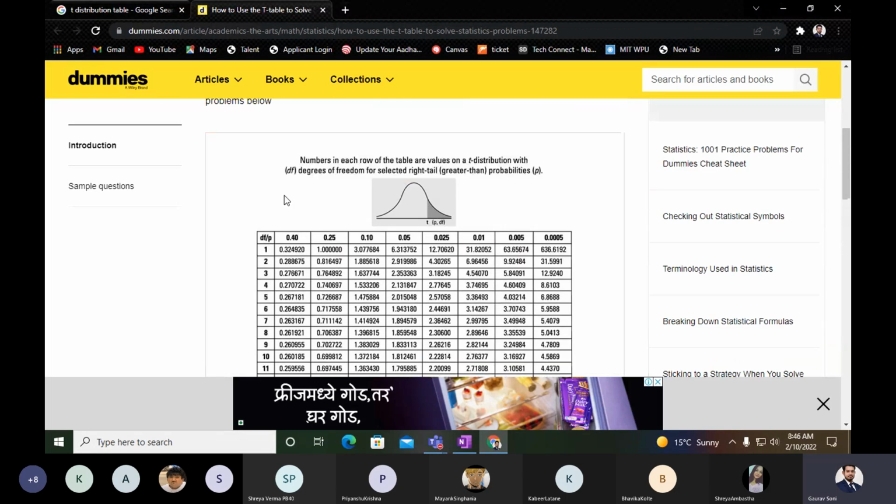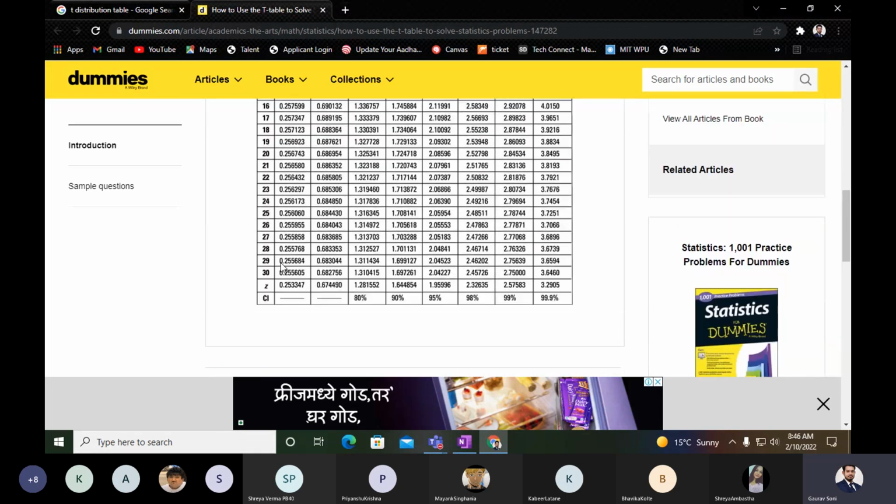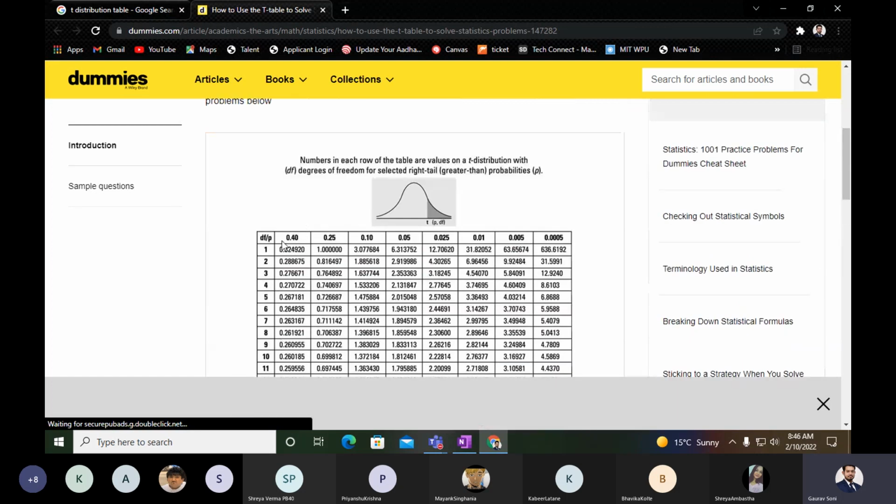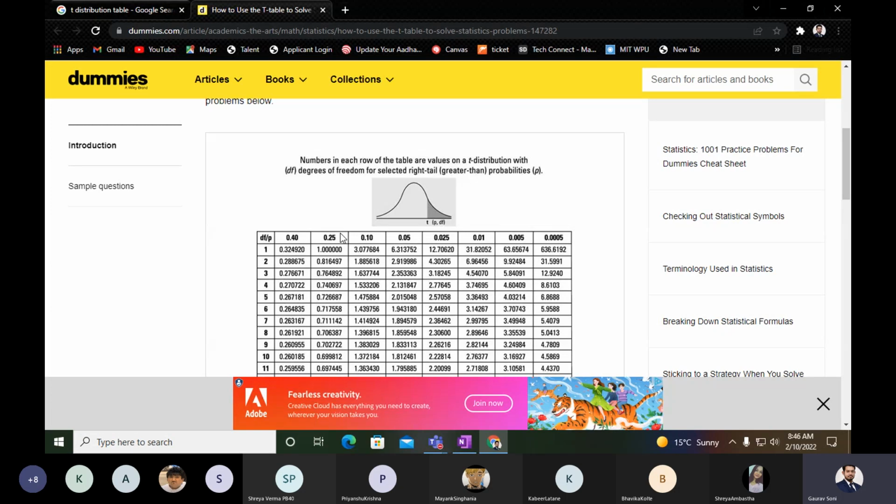So degrees of freedom up to 30 are given in this table, and the top column represents the level of significance. Generally what we need is 1% and 5%. In most cases, level of significance is 1% and 5%.